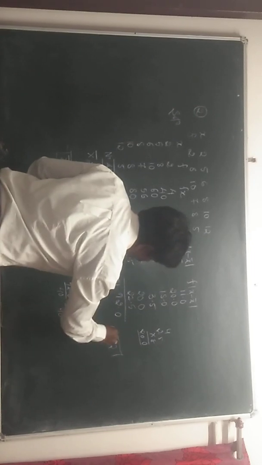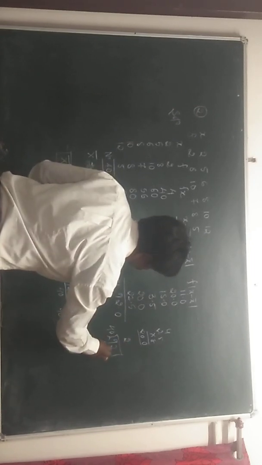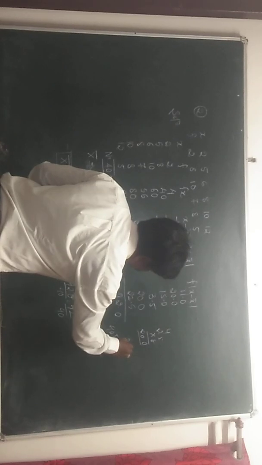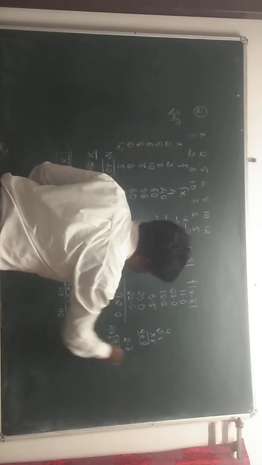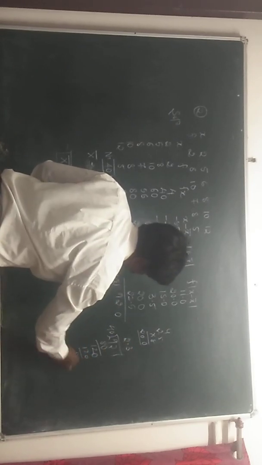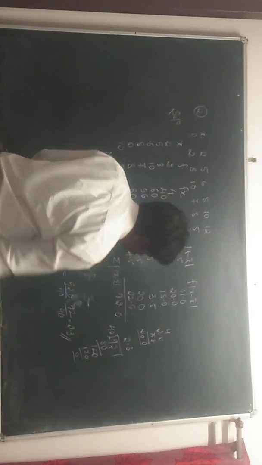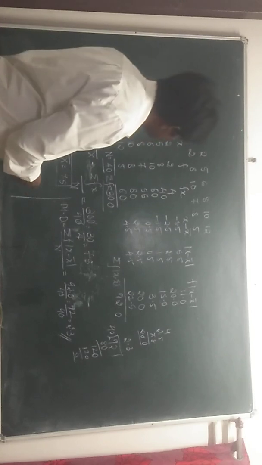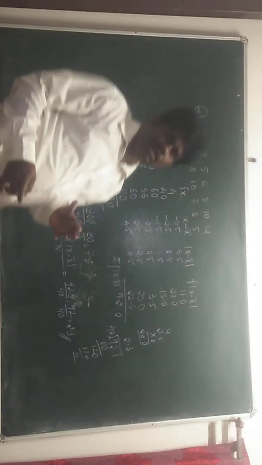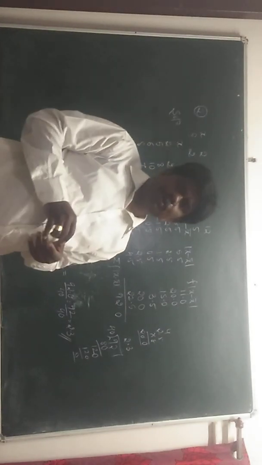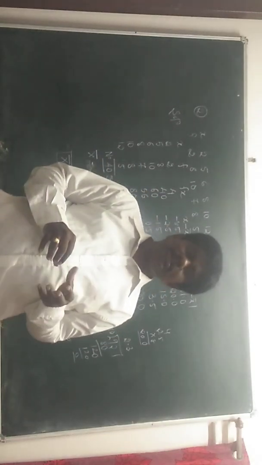Let us do this part. So the total answer is 2.3. So this is how you can find the mean deviation for ungrouped data and for discrete frequency.